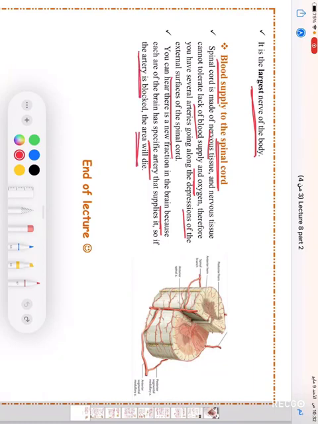Okay, nerve cells are very, very important to have their blood supply. We said the spinal cord cannot tolerate lack of blood supply and oxygen, therefore there are several arteries. And each area of the brain has a specific artery to supply it. So if the artery is blocked, the area will die.